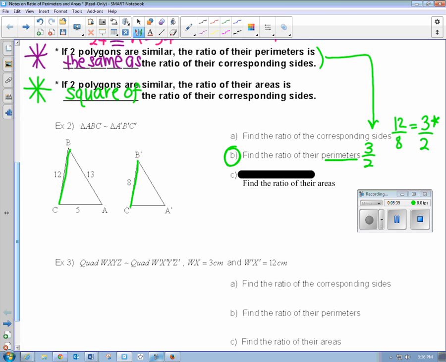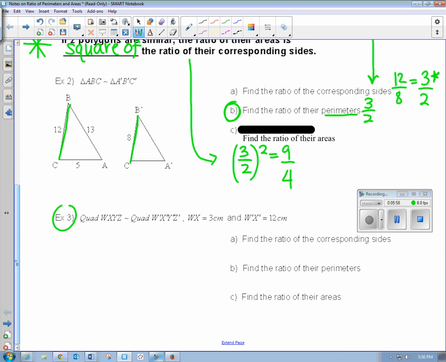What does that rule tell us that we do? If we want to know the ratio of the areas, we take the ratio of the sides and square it. So this is going to give me 9 over 4. And it works for any shape at all. In example 3, they're going through and they're doing that with a quadrilateral instead of doing that with a triangle. And the same thing holds true.